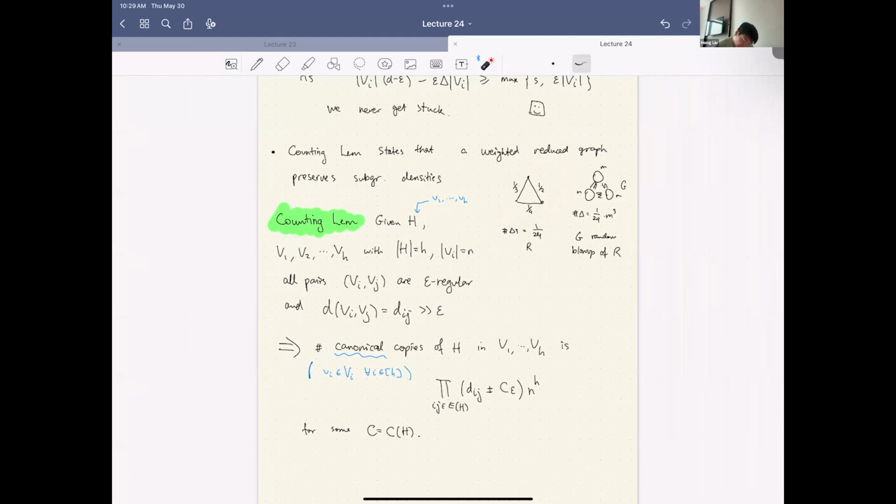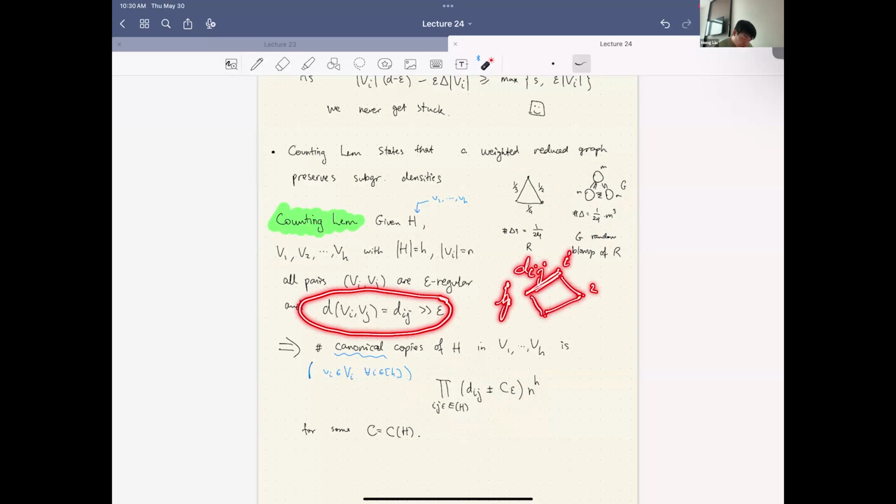If you forget about this error term and forget about the large graph, okay, forget about G at the moment, just look at it: if you think of V1 to Vh as a regular partition and you build now a reduced graph on 1, 2, to h, since every pair is regular with density dij, this is a complete graph on h vertices with weights dij between i and j.